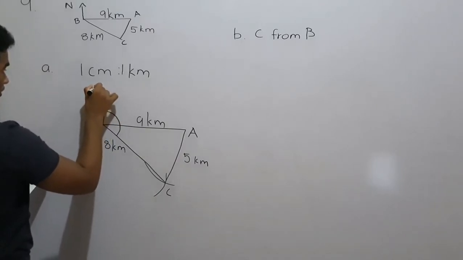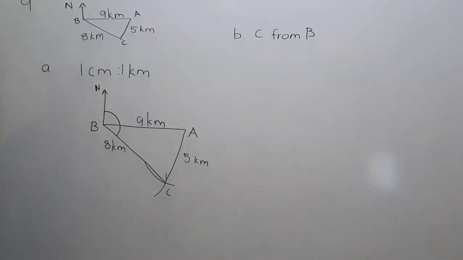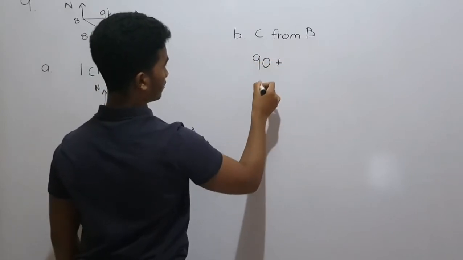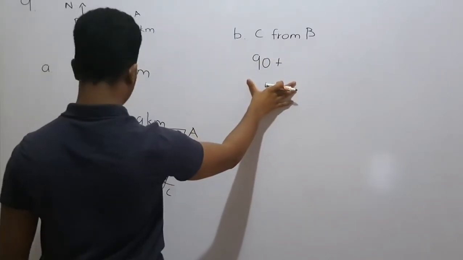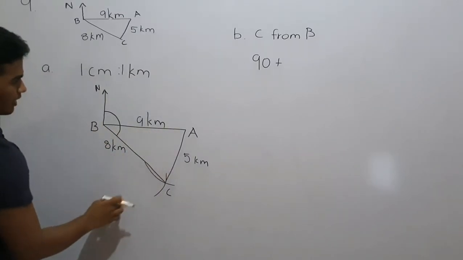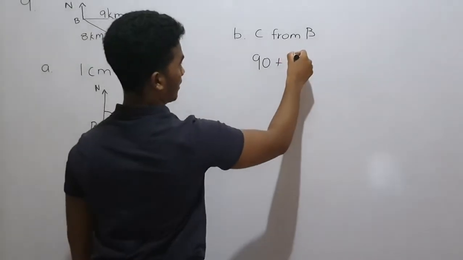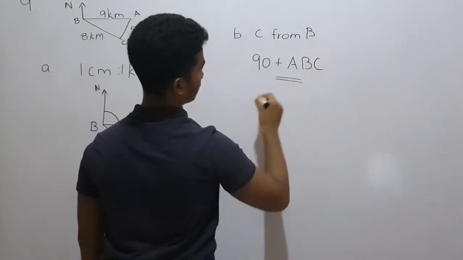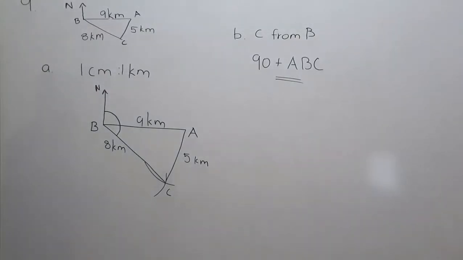This is the north line. So you can use a protractor to measure, and you should get an angle of 90 plus the ABC angle. This is your final answer. According to your diagram, it may vary.